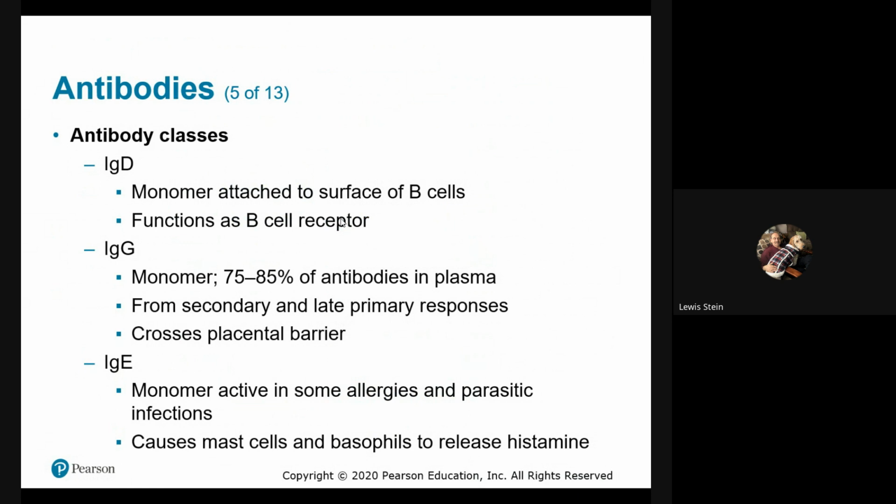These are things that IgE triggers the release of particles that begin to assault these larger pathogens as opposed to bacteria and viruses, which are much smaller, and begin to break them down and make them easier to dispose of.